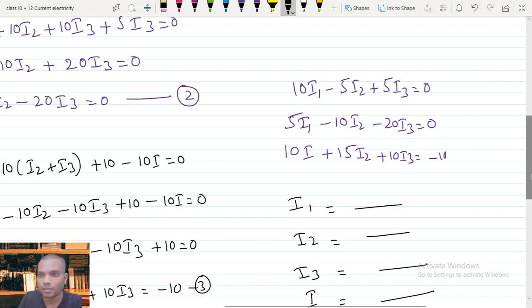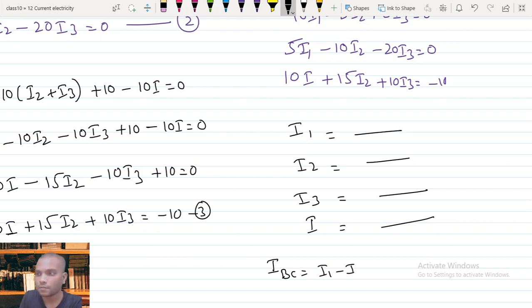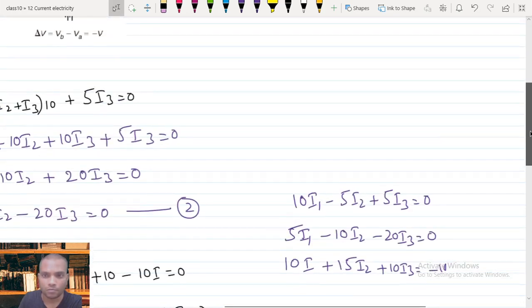Apart from that, what is the current across the IBC branch equal to I1 minus I3, and across IDC branch equal to I2 plus I3. So try to find all these values by adding and subtracting the above equations. I hope you can do that.